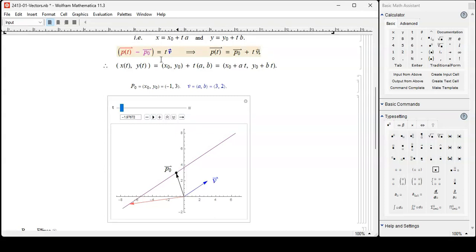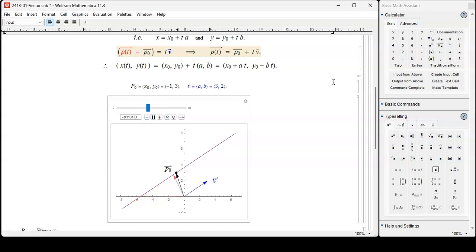And then P0 is this black vector. And if you subtract, red minus black, if you subtract one from the other, you get a purple vector from P0 here to the tip of this red arrow.